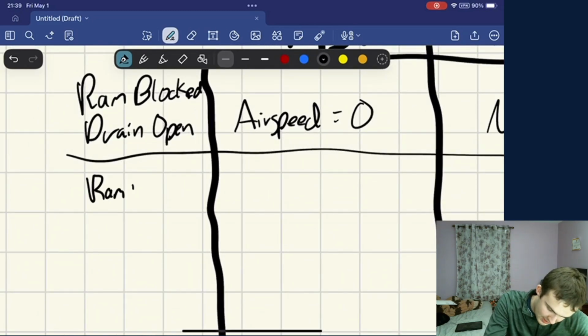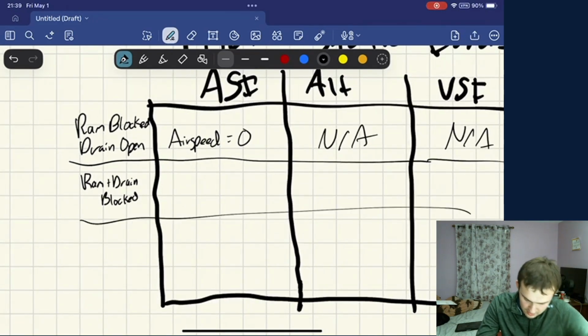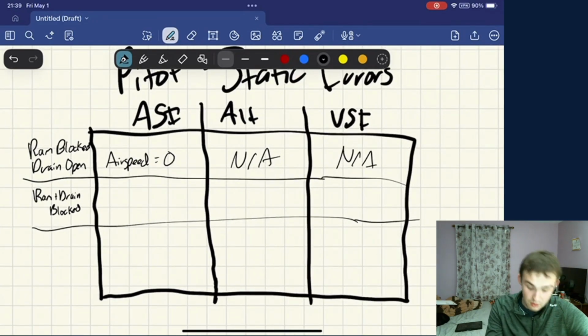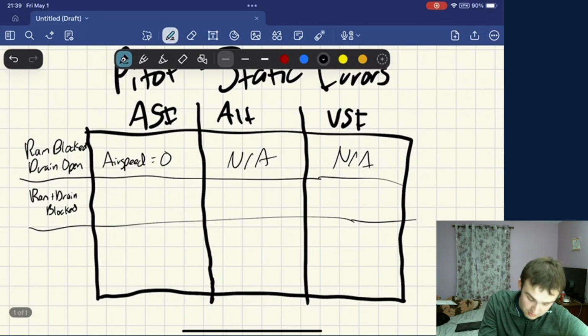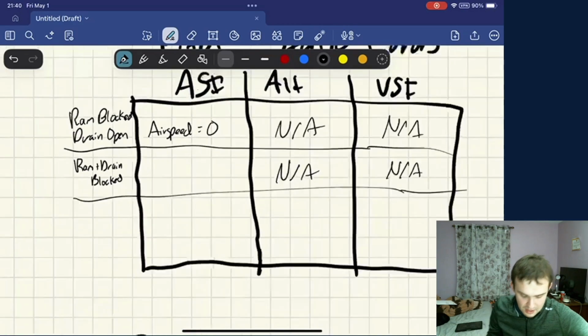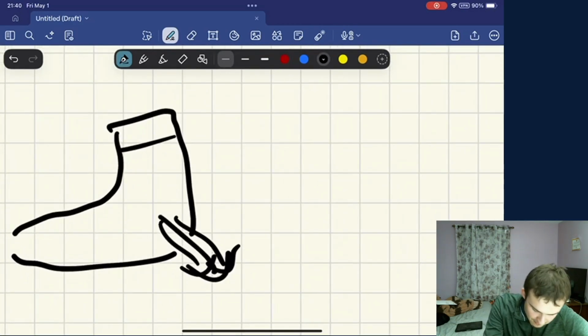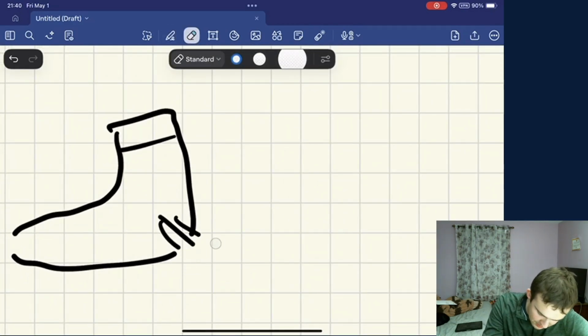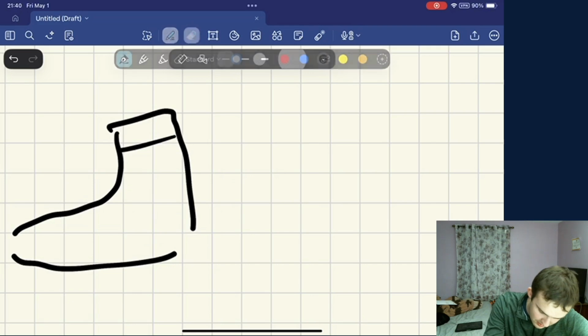Now, if our ram and drain are blocked, kind of draw another one across here. Once again, we know our VSI and our altimeter don't use the ram port. Not applicable. But now let's come back to our drawing. And I'm just going to touch it up here a little bit.